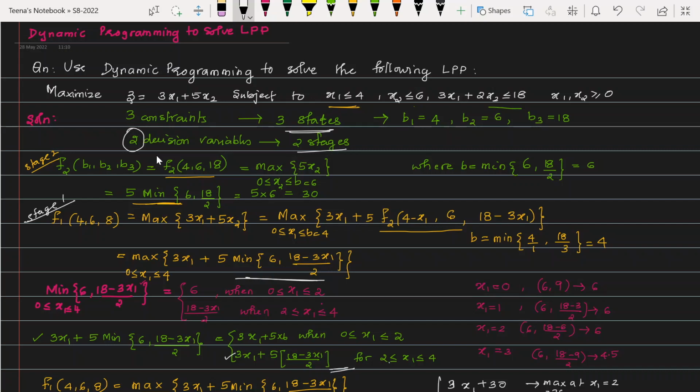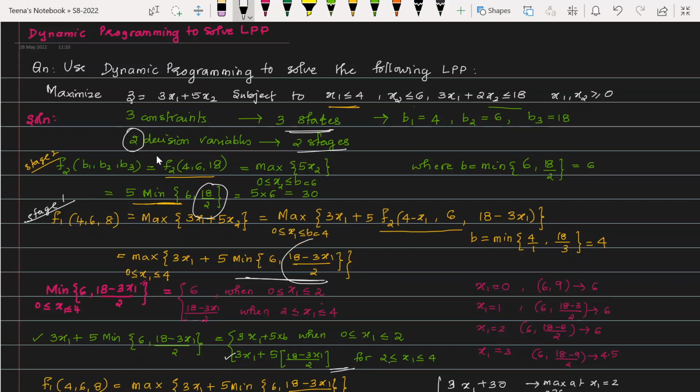Since we are concentrating on the first decision variable, we have to write it as 4 minus x1, then 6, then 18 minus 3x1. And this can be written as maximum 3x1 plus 5 into F2, which is already considered in the previous stage. F2 is nothing but 5 into minimum of 6 and 18 minus 3x1 by 2. So here we have 18 by 2, which should be modified as 18 minus 3x1 by 2.